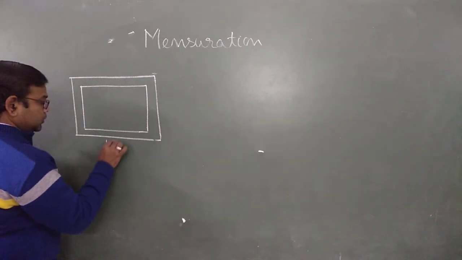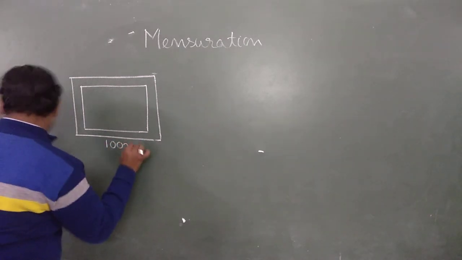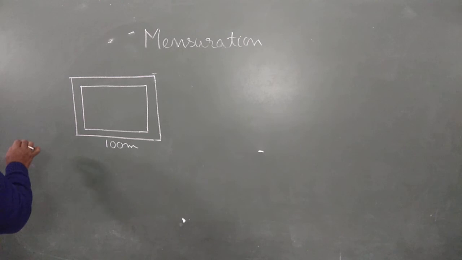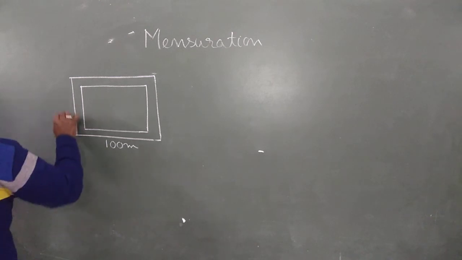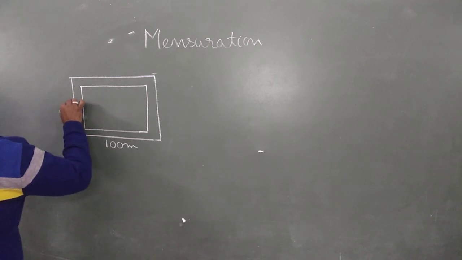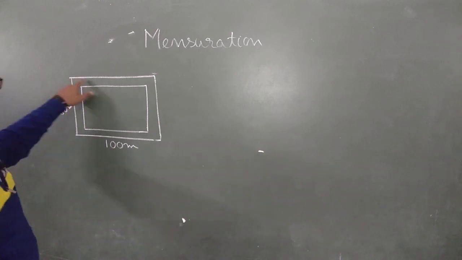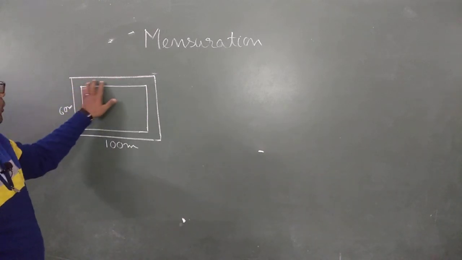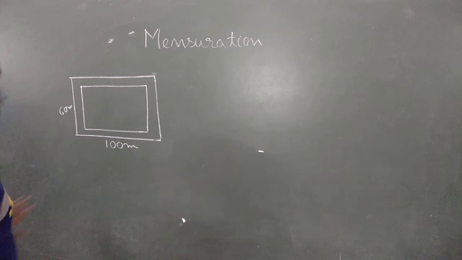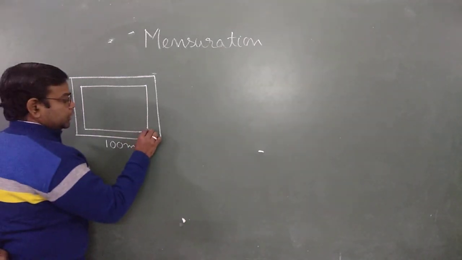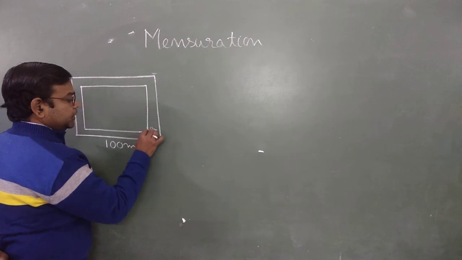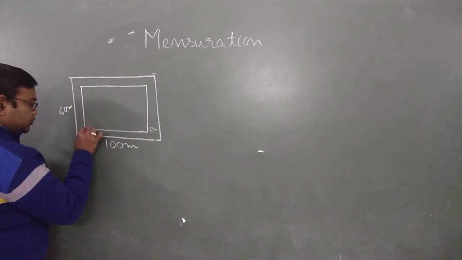Now our next question for discussion is: there is a plot of length 100 meter and breadth 60 meter, and there is a path around the circumference, 2 meter wide each. 2 meter all around means this distance is 2 meter from here to here, this distance is 2 meter from here to here, all around 2 meter.